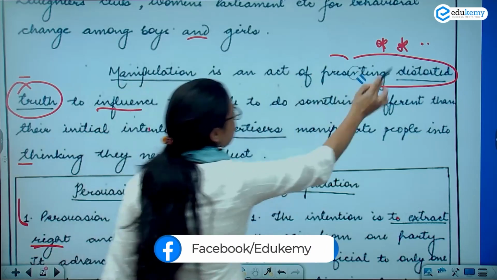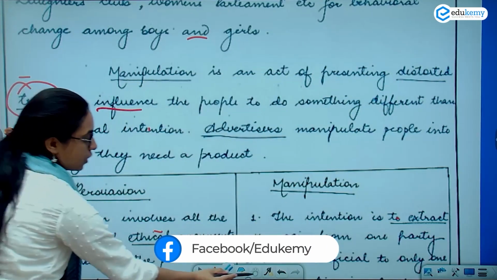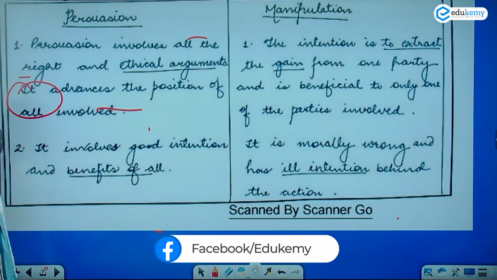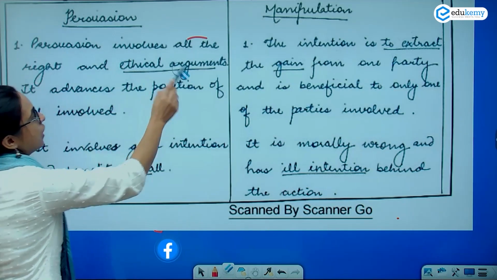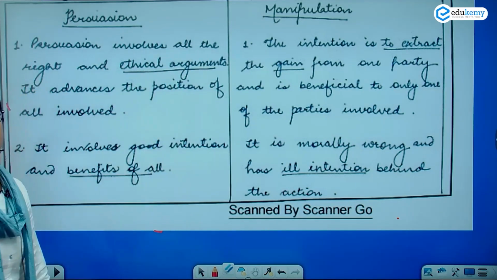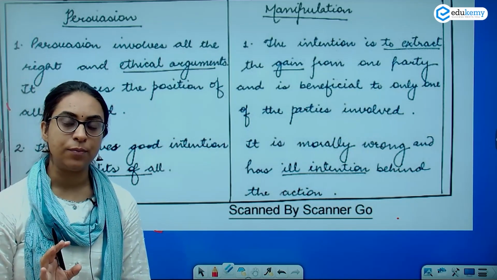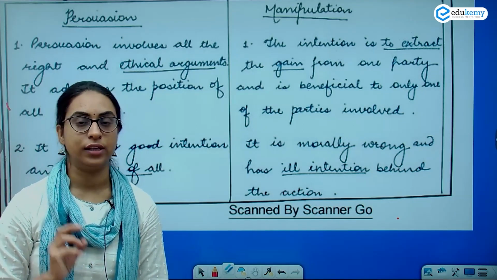Now coming on to the main demand of the question. The main demand of the question is explain the difference. So when you have to explain the difference between them, try to present it in a tabular manner. So the difference between persuasion and manipulation. So what is persuasion? Basically persuasion is convincing the people, and you don't distort the fact. There is no ill will, there is no ill intention. That is persuasion.